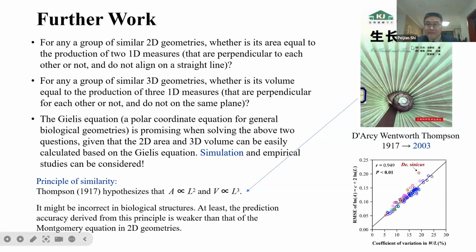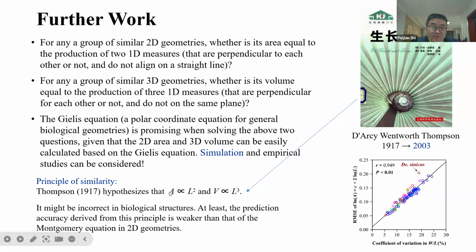Now, let us see this Chinese translated version of Thompson's On Growth and Form. This is the book, the cover page. Thompson in 1917 proposed a principle of similarity.